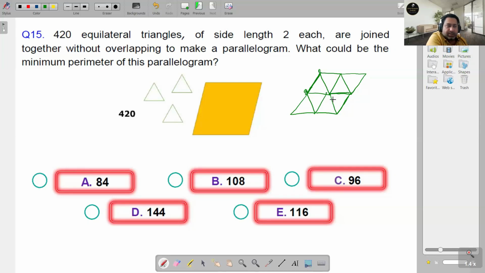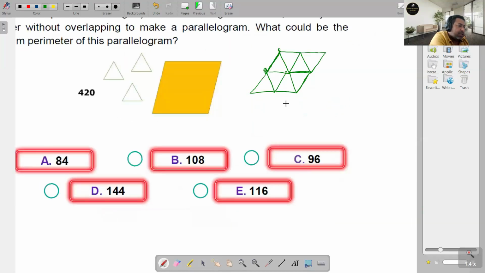Okay, so I get another, this is also a parallelogram, correct? Now understand this, what if I had taken this one in this way? Okay, so if I had taken this parallelogram, I've used 4 triangles here, as you can see, 1, 2, 3, 4. Sorry, 8 triangles. Okay, so let's say if I had taken 4 triangles like this, then another one is 5, 6, 7, and 8.